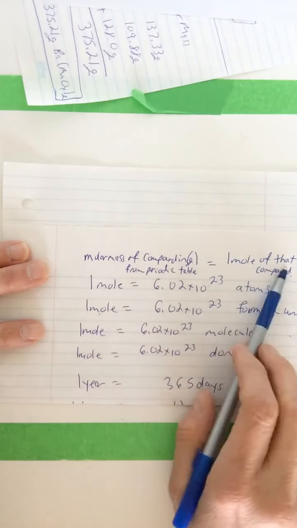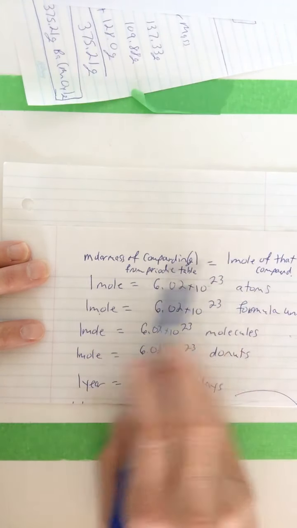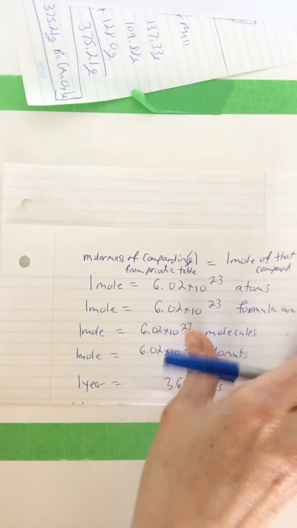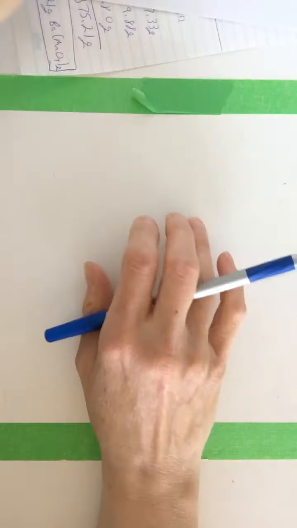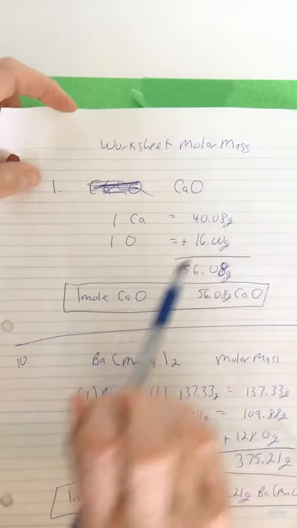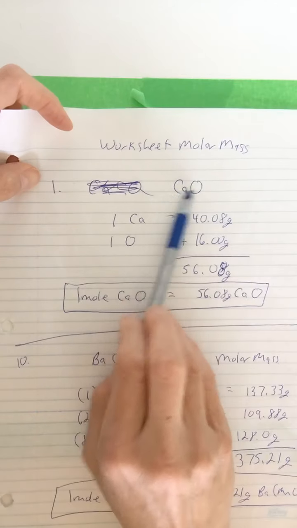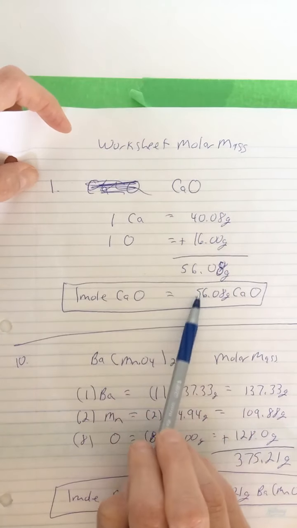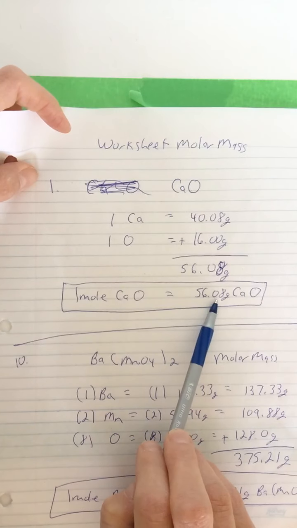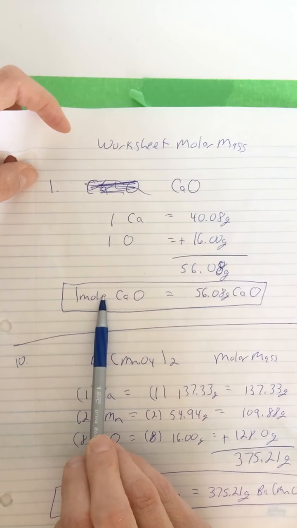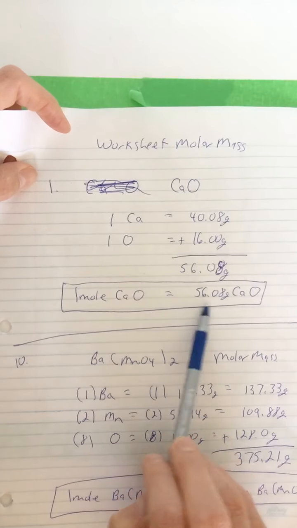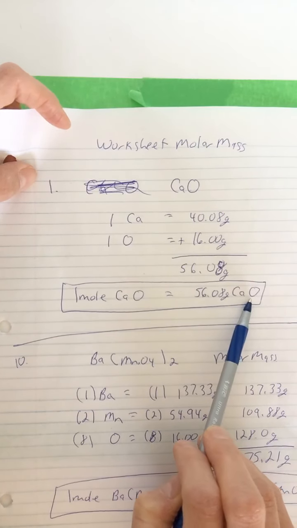That sounds scarier than it is. It's one more conversion factor we'll be working with. All that is is this stuff that you just did. 1 mole of this compound is equal to its molar mass from the periodic table. 1 mole of CaO is equal to the mass from the periodic table of CaO.